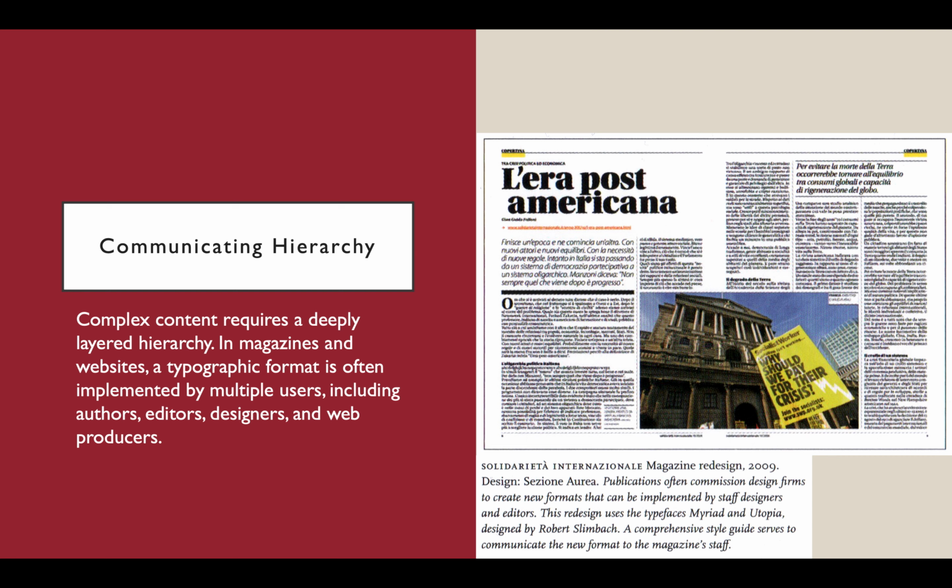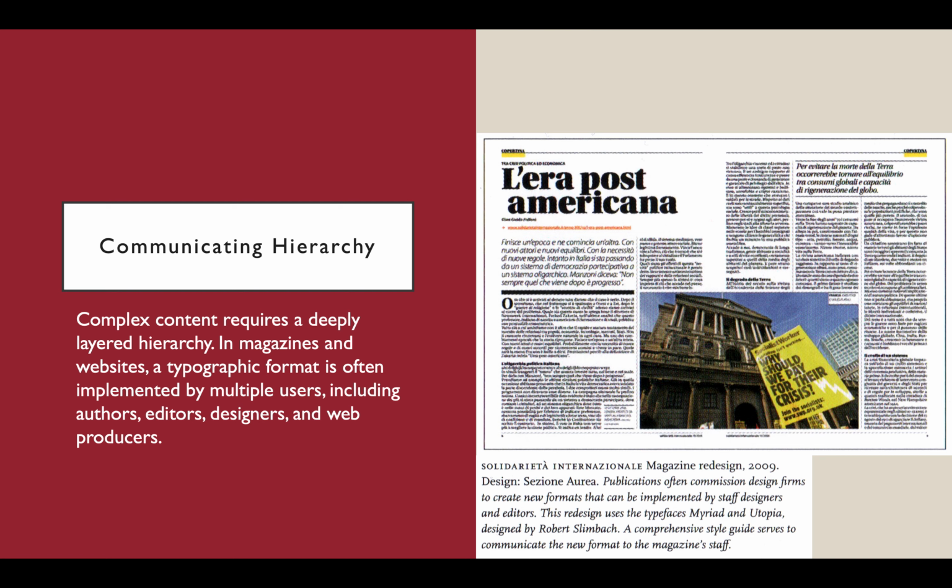Newspapers are, again, another really good example. So anything that's complex, like a newspaper, we need to have a lot of levels of hierarchy. And the other thing that's important is that you're not going to be working on this by yourself. And so how do you make sure that there's consistency no matter who's working on the piece?